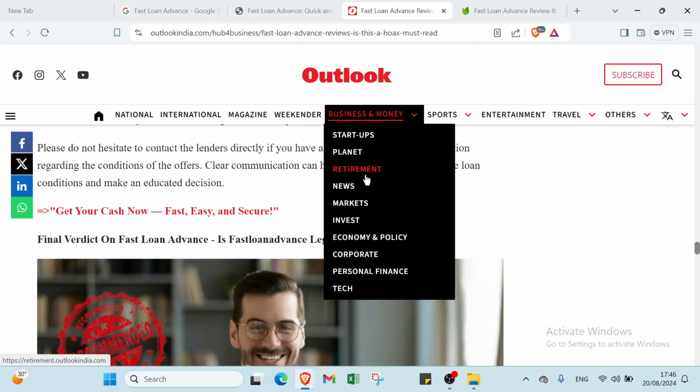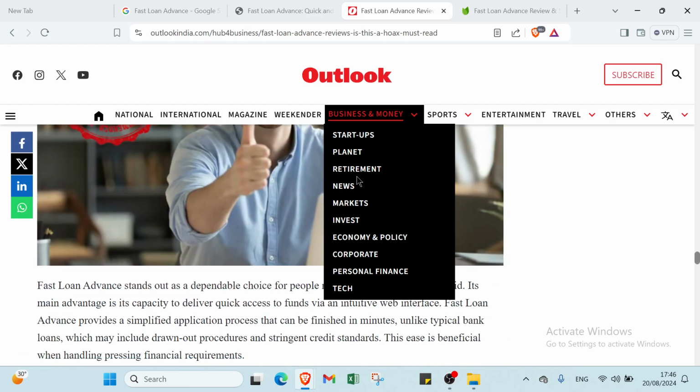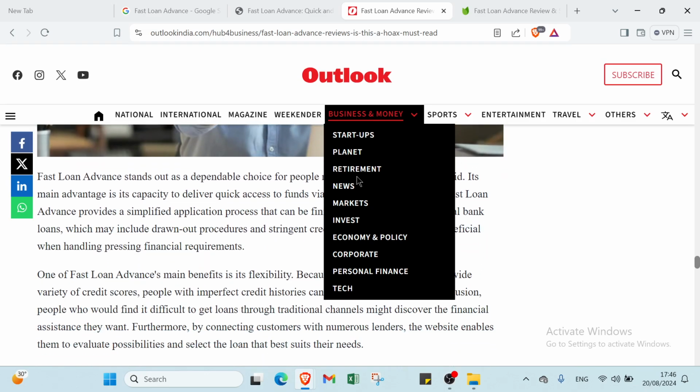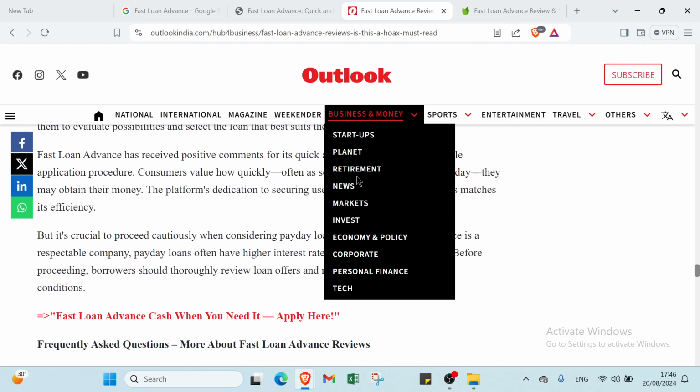The application process is usually straightforward and may be completed online, saving time and reducing paperwork. Then we have flexibility. Many fast loans offer flexible repayment terms and amounts, allowing you to choose options that fit your financial situation. Then we have no collateral required. Often these loans are unsecured, meaning you don't need to provide collateral to get approved.